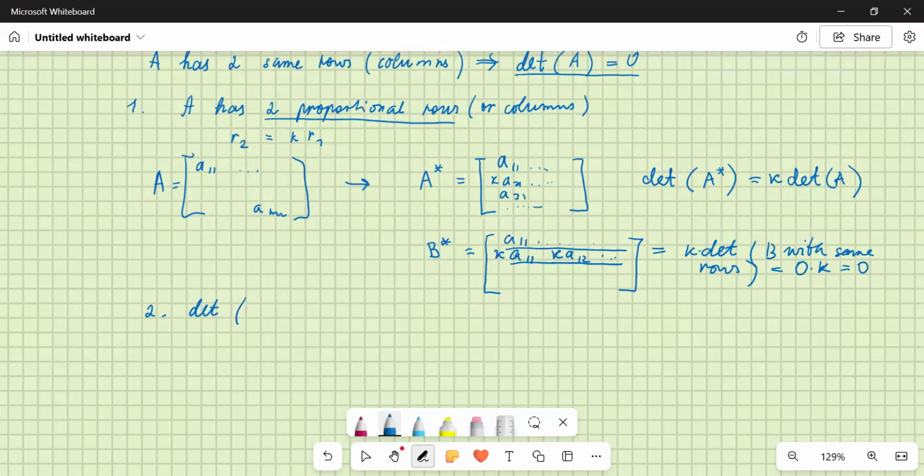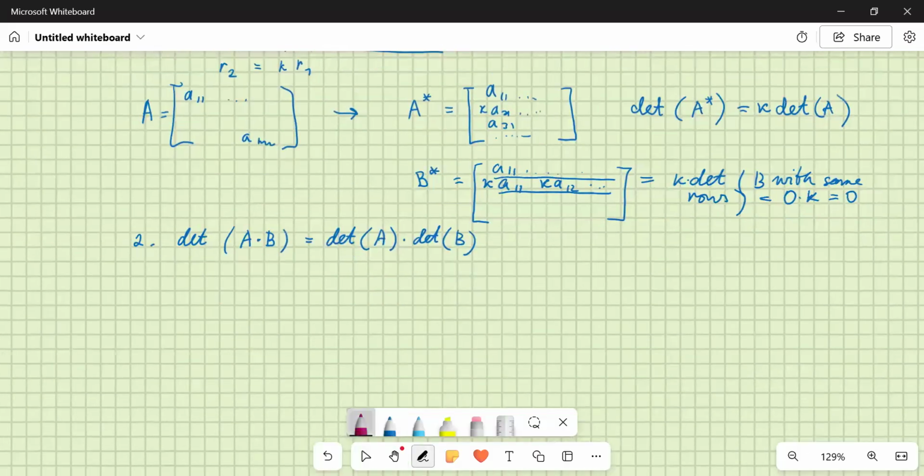The determinant of the product of two matrices equals the product of the determinant of matrix A by the determinant of matrix B. Very nice property, right? If you take a determinant of the product, that's a product of determinants. It's going to be a long, long way to prove, so I'm going to underline this as our goal to prove.